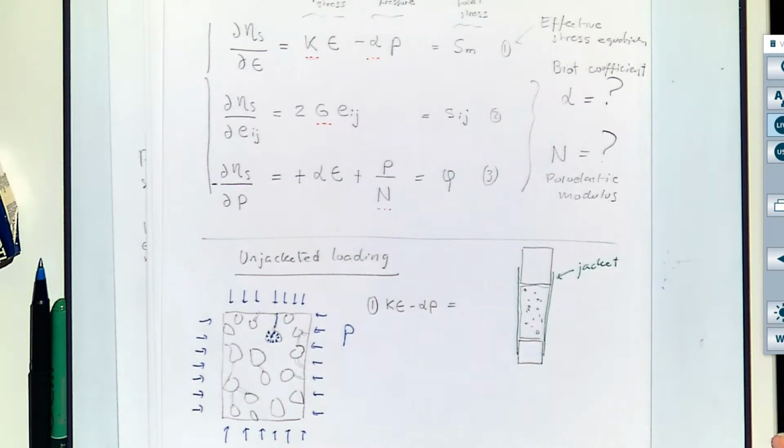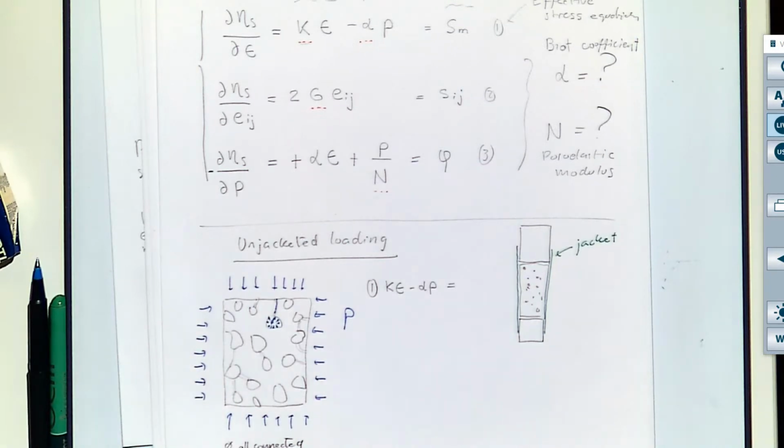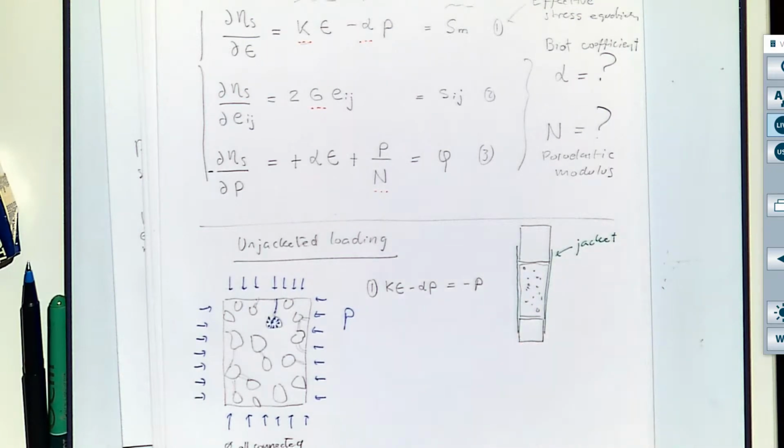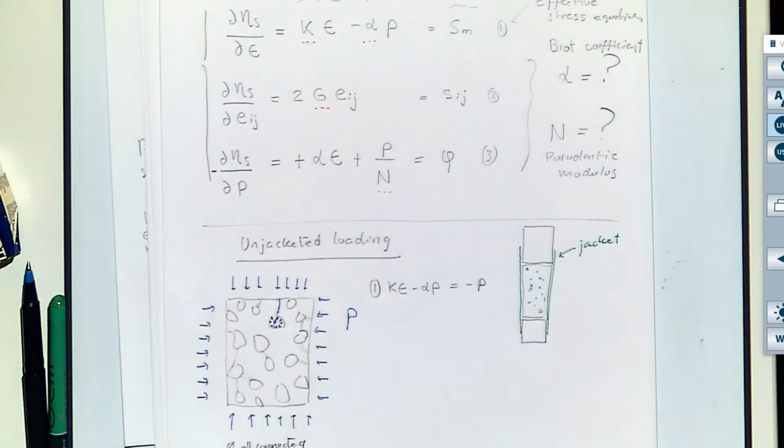The total stress in this particular problem is just the pressure outside. That's the stress I'm applying on the solid. And because it's a pressure and it has a positive value, it's going to apply a compression, and therefore the total stress is going to be negative P. That's going to be the total stress, mean stress SM. And notice that it's the same in all directions.